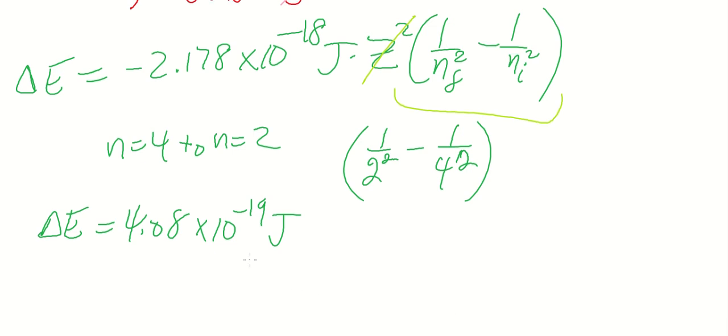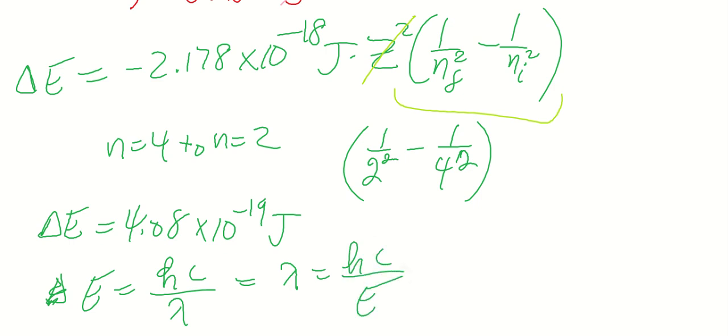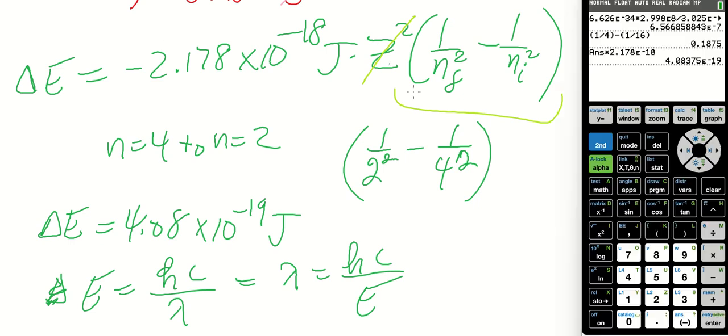Right, now we can use a little more space. E is equal to Planck's constant times C over wavelength. Rearrange that: wavelength is equal to Planck's constant times C over energy. Now we can just plug in all these numbers in our calculator. Planck's constant is 6.626 times 10 to the negative 34.